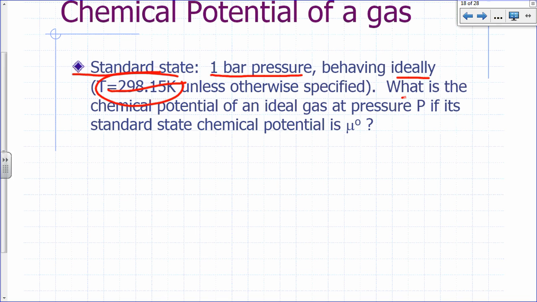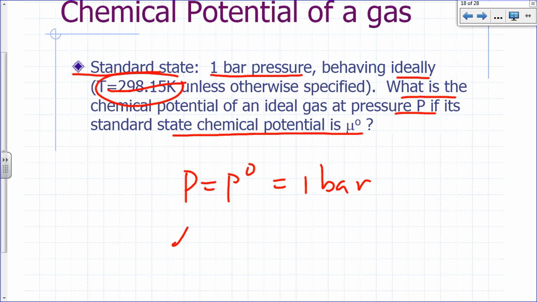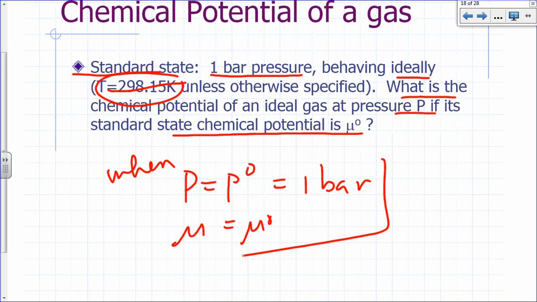So what would be the chemical potential of an ideal gas at pressure P if its standard state chemical potential is mu naught? That means when P is equal to P naught, which is 1 bar, mu is equal to mu naught. This is our standard state.